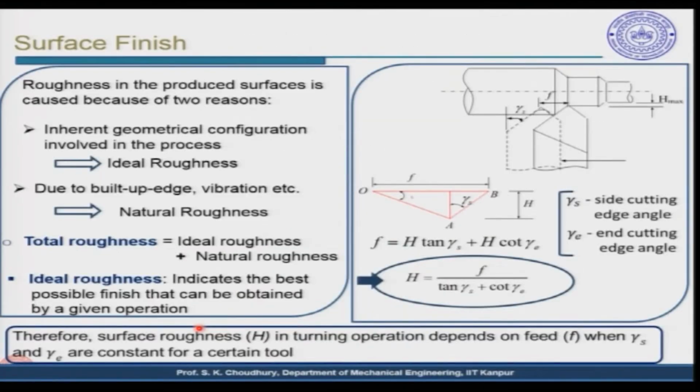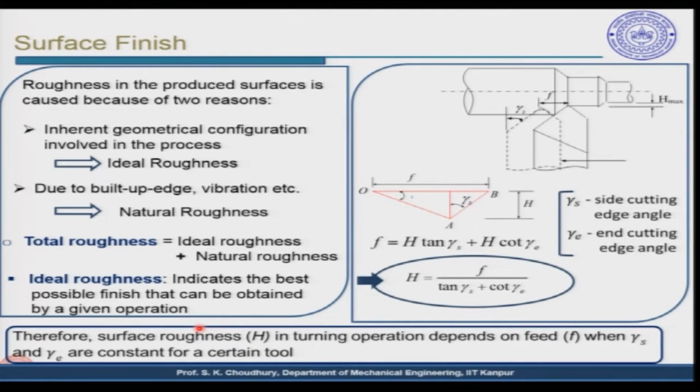Next, the final topic we will discuss is the surface finish. This is, as you understand, one of the most important factors, because if the surface finish is not produced according to our requirement, the machining process is not satisfactory. Earlier we have seen that all these parameters we can control for getting a better surface finish.